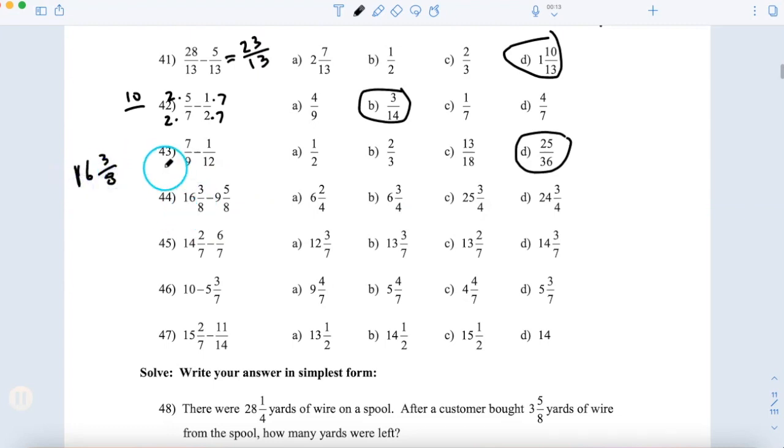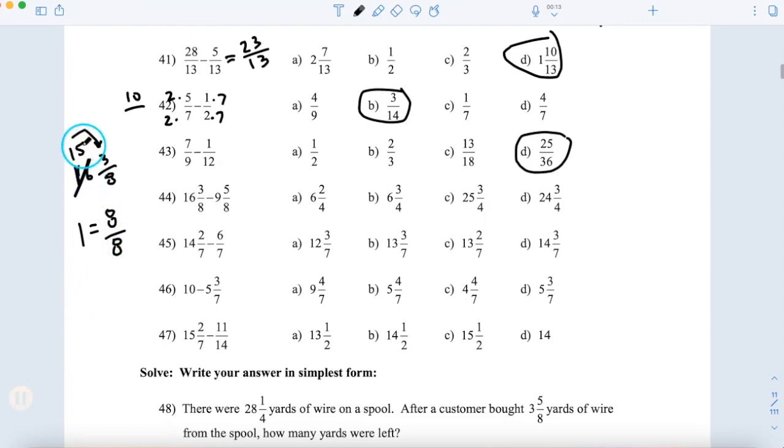Okay, and I need to make this fraction bigger. That means I'm going to take one whole from here. This is going to turn into 15, right? And now that's going to 3/8. That one whole is the same as if I have my denominator as 8, then I'm going to turn it into 8 over 8.